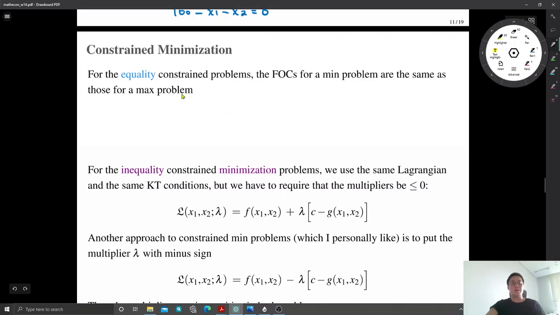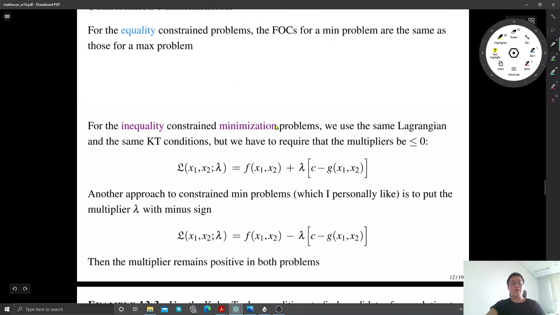All right. Now let me talk a little bit about the minimization problem. So we just talked about maximization, but when you come up with a minimization, for example, now minimize f of x1 and x2 over x1 and x2, given this constraint, g of x1, x2 smaller than or equal to c.